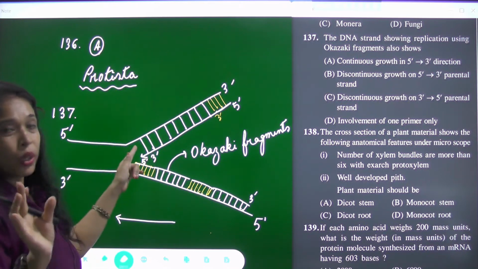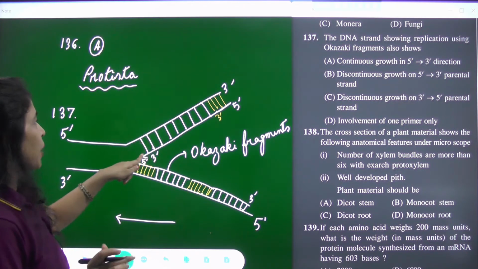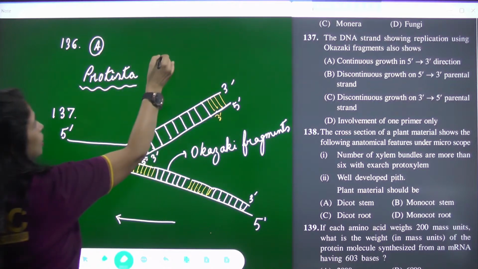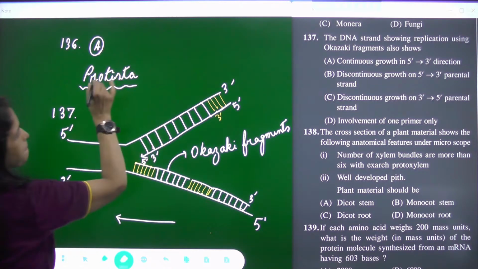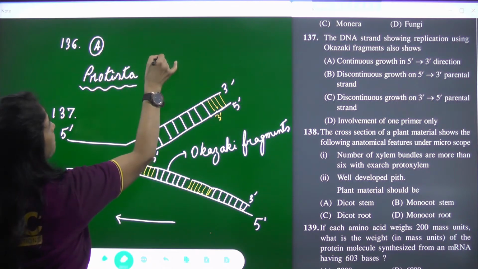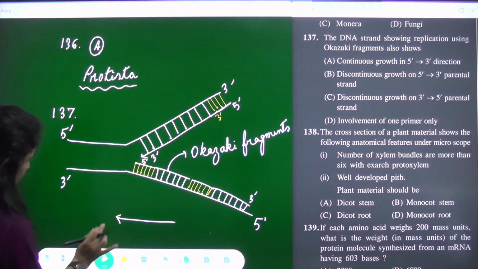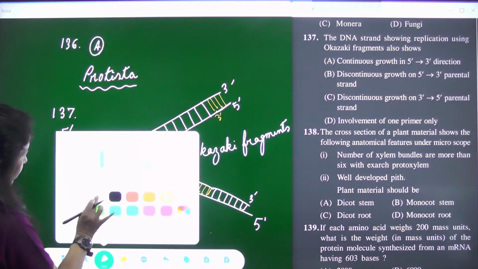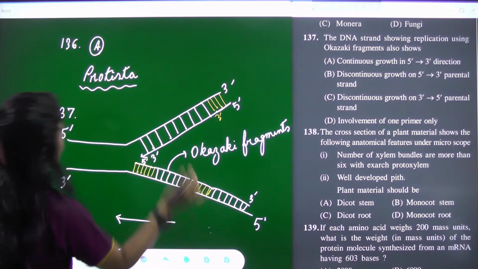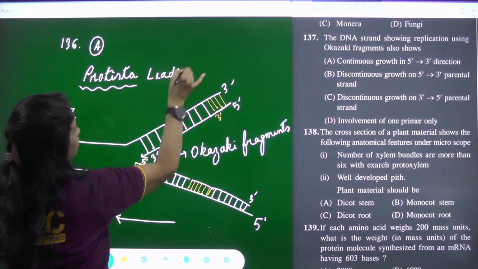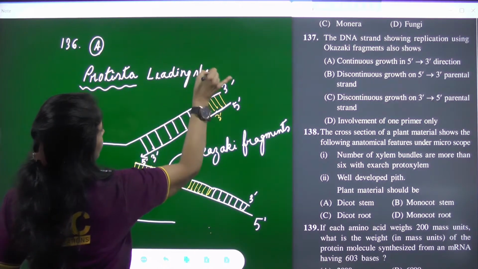Okay, you see, what is the polarity of the leading strand? This is the leading strand, this one. What is the polarity of the leading strand?